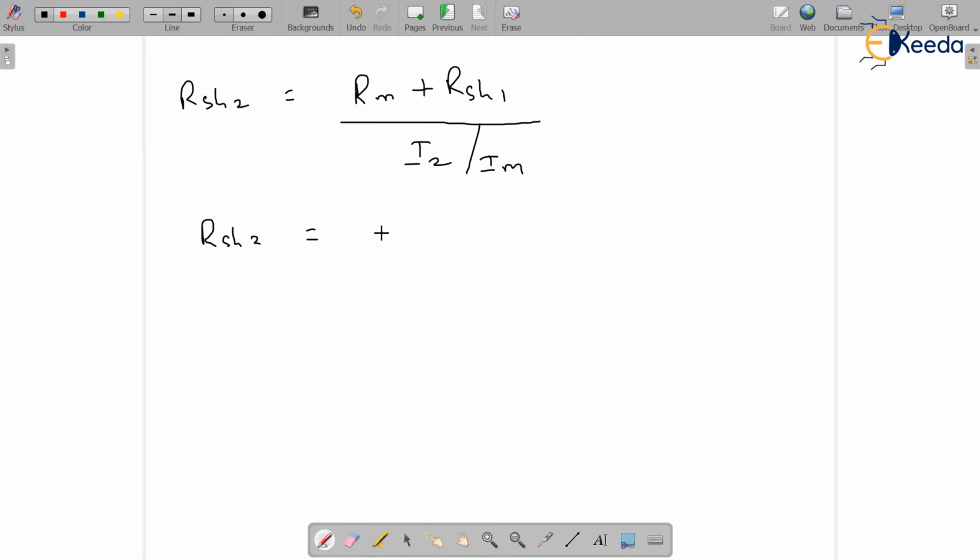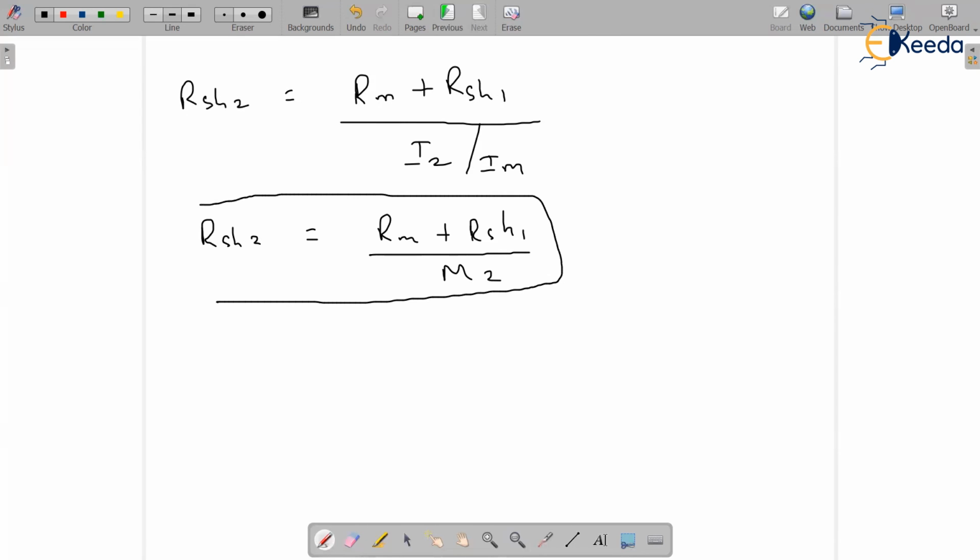RSH2 is equal to Rm plus RSH1 by M2, where M2 gives rise to I2 by Im.